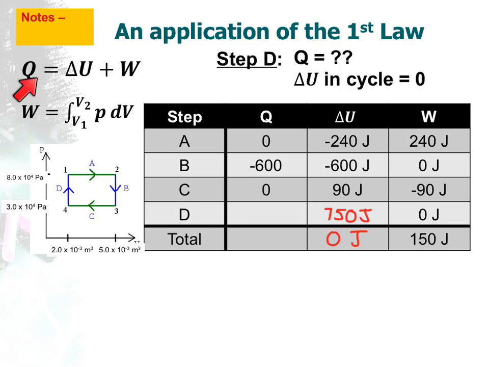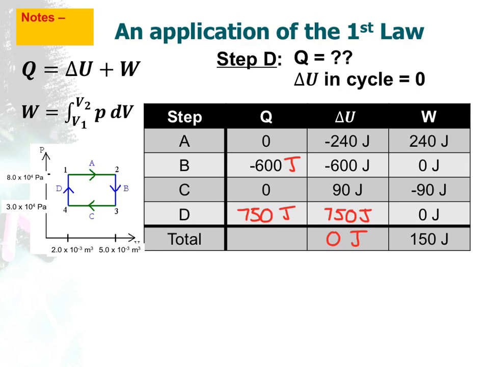Well, according to the first law of thermodynamics, that also means that the amount of heat that is added to the system has to be 750 joules, because this has to equal that plus that. So if I need to raise the internal energy of the system 750 joules so that it gets back to its original state, then I have to add 750 joules of heat during step D in the process.